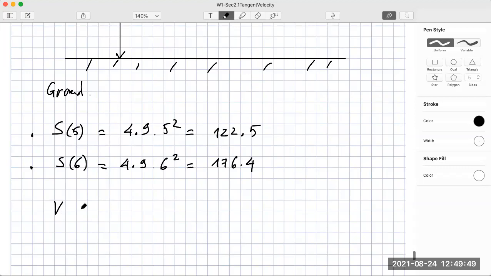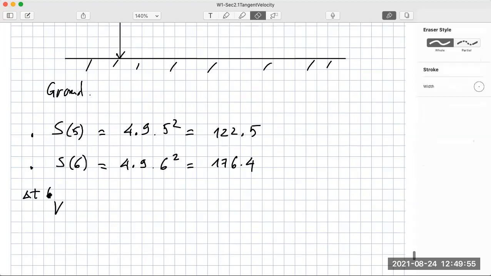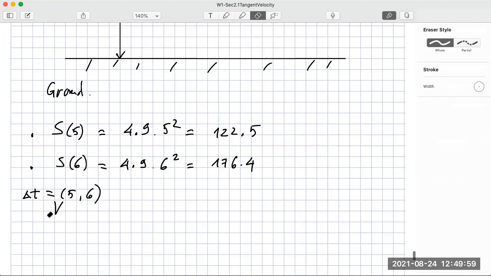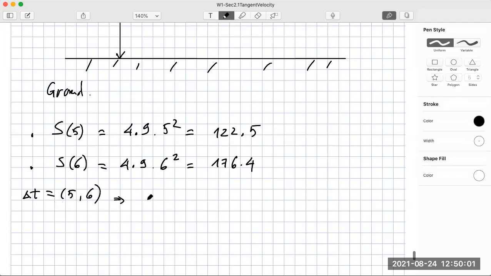Let us call V, from the delta t equal to 5 to 6 here. Then the velocity of this will be, what is it? The change in distance, right?